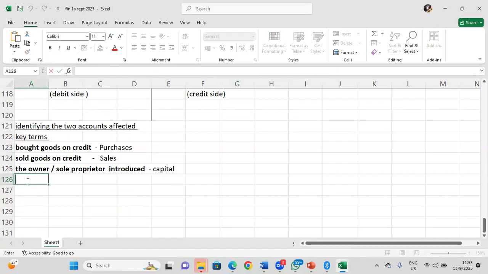We can also be told that we took goods or cash for personal use. If we take something from the business for personal use, those are called drawings. If you put your money in the business, it's capital, but if you take something out of the business, it's drawings.